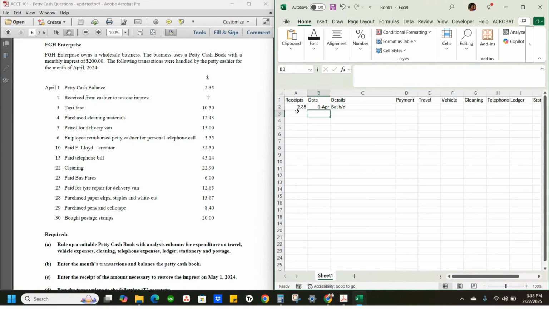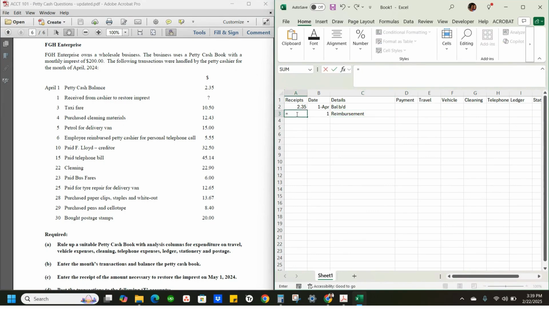All right. So we can't account for these expenses with only $2.35 to start with. So this is where the reimbursement comes into play. So again, on April 1, we're going to reimburse the petty cashier with the amount needed to bring us back to $200.